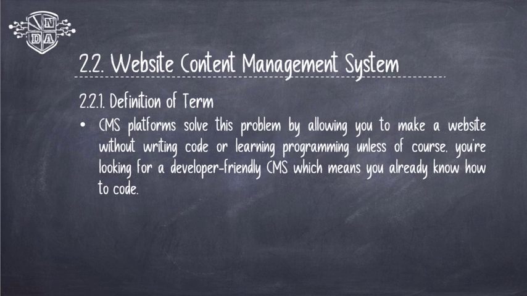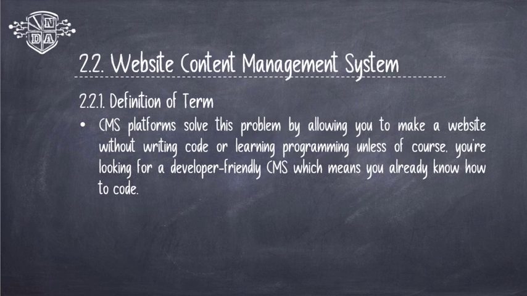So a CMS platform solves this problem by allowing you to make a website without writing code or learning programming languages. Unless, of course, you're looking for something developer friendly. Maybe you have already learned these coding languages. You already know Java, HTML, and CSS, and you're looking for something developer friendly.